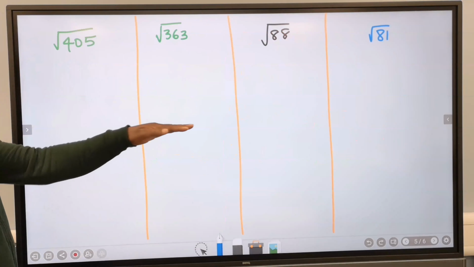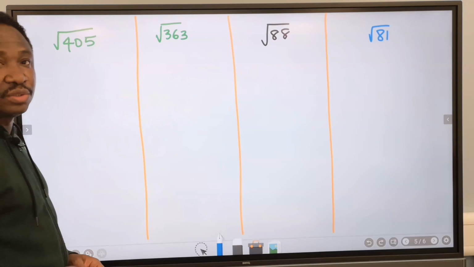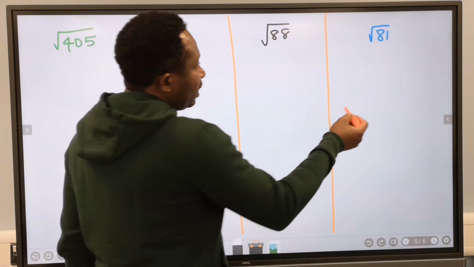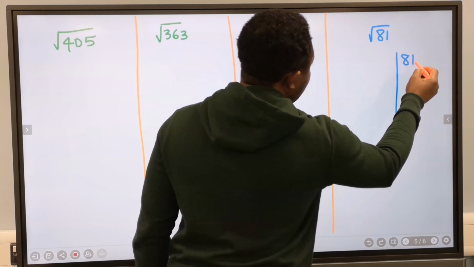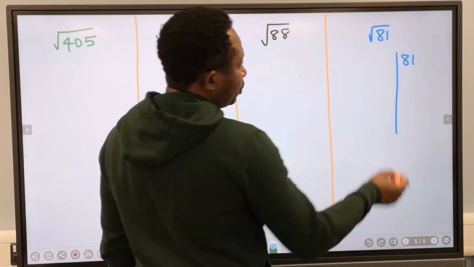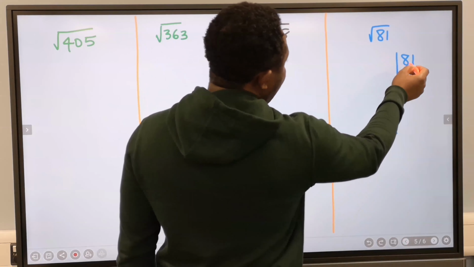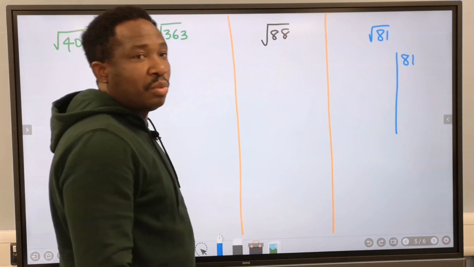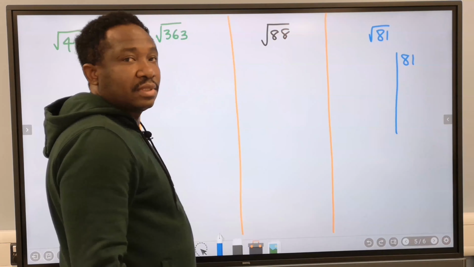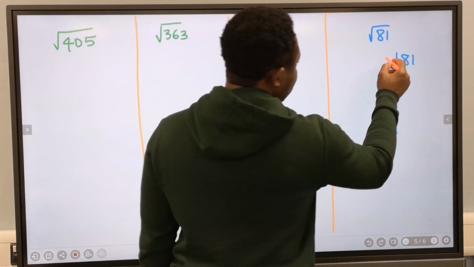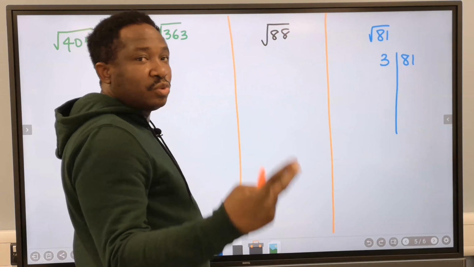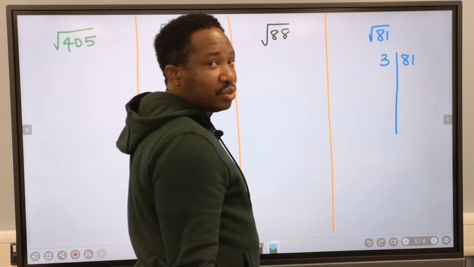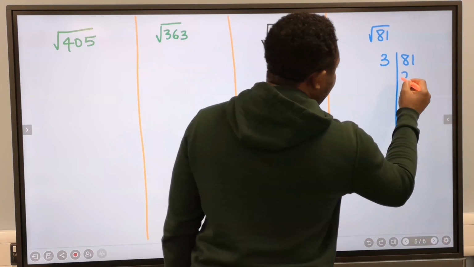Let us simplify each of these surds. For this, I will draw a line, 81. We can start with 2, but 2 cannot go into 81 without remainder. Let's try 3. 3 into 8 will give you 2, remainder 2. So we are going to write 2.